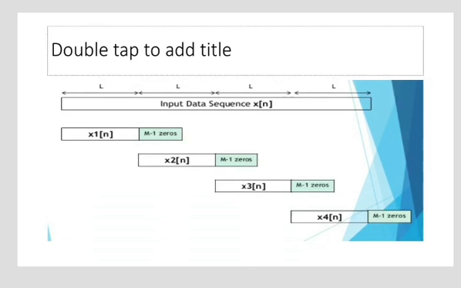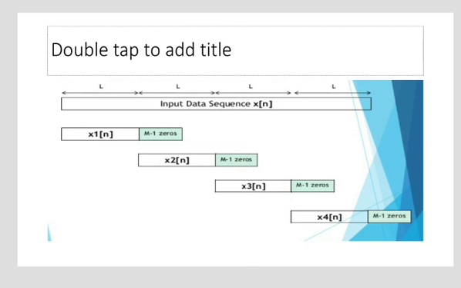So the first block of x1 of n is 3 minus 1 0, then add 2 zeros, M minus 1 zeros, that is 0 0. Similarly for the values of x2 of n, add 2 zeros, that is 0 0. Now the values of x1 of n, x2 of n, x3 of n are the new data, and the M minus 1 zeros are the zeros we added.